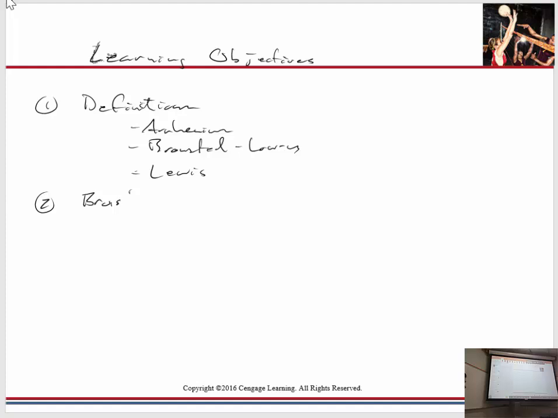So, actually, we've already done this, Bronsted acid-base reactions, when we were talking about chemical reactions. So this is just a review of that. And then third thing, we're going to look at water autohydrolysis. Okay.